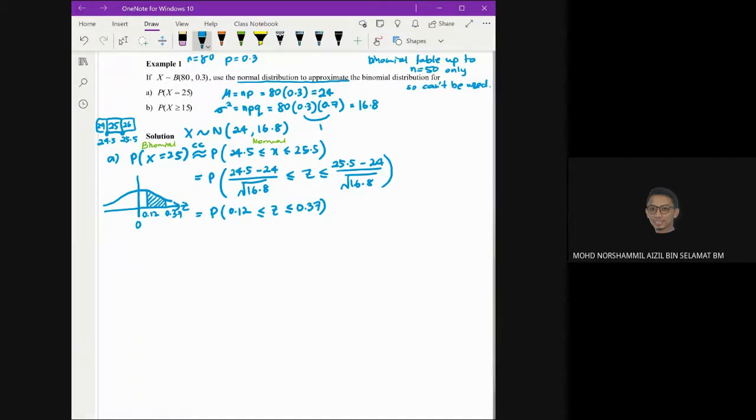So what can we do? Please be alert. You punya table sentiasa baca ke atas. You punya table sentiasa to the right hand side. Okay. So what does it mean? We need to do Z greater than or equals to 0.12, right? Minus probability of Z greater than or equals to 0.37. Is that okay? Dapat tak?